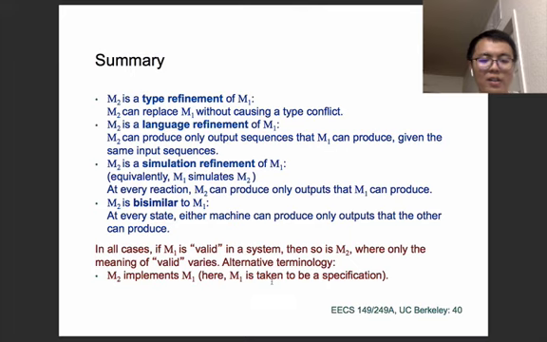At each state, either machine can produce only outputs that the other can produce. So it's by both orientations. In our case, if M1 is validated in a system, then so is M2, while only the meaning of validated varies. In alternative terminology, M2 implements M1. Here, M1 is taken as the specification.